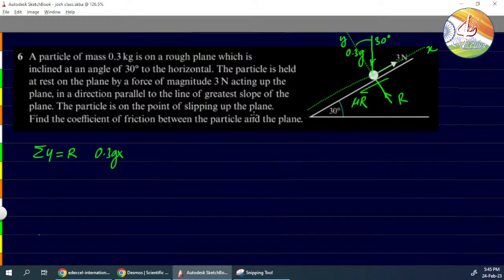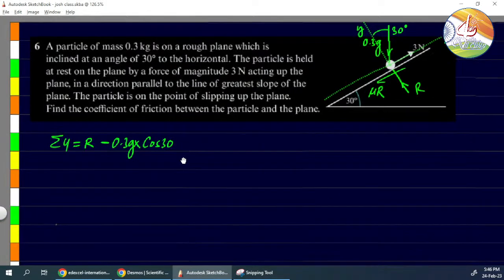Cos, because it's adjacent. The cos of 30, and is this acting downwards or upwards? This is vertical, so vertical means it is acting downwards, right? Yes. So we have to take it as minus.